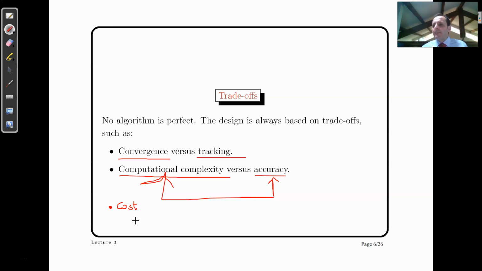Cheap means perhaps that the speed, the frequency of the processor, is not very high, so the sampling time cannot be very small. Again, you need to consider this aspect.